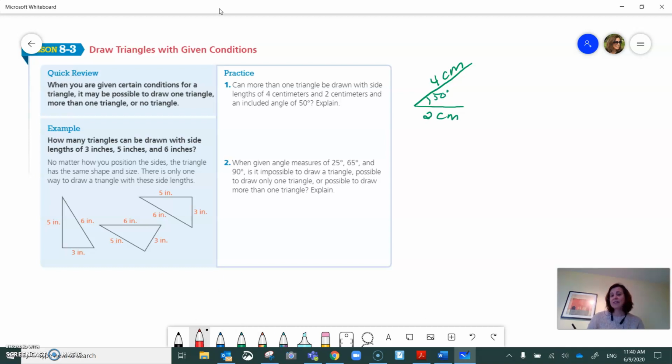So those are fixed. Those can't be moved around at all. I can't make this longer, I can't make this longer, and I can't change how much this is open. So because it's fixed, there is only one line that you could draw to then make the triangle, which means there is only one possible triangle that has those dimensions.